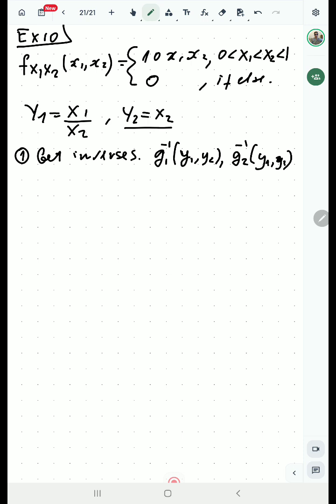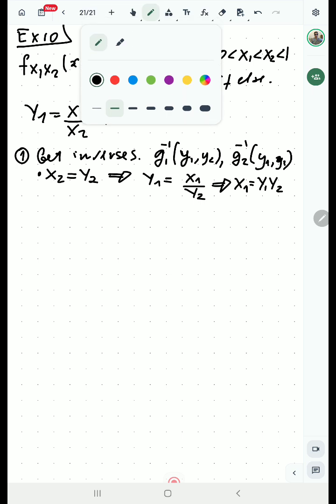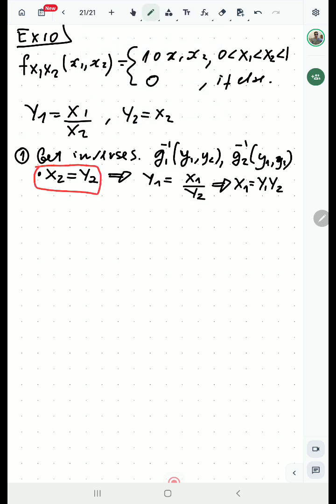Expressing x2 in terms of y2 is very easy: x2 is equal to y2, that's all. Then y1 is equal to x1 over y2, since we just plug in for x2, and that implies that x1 is nothing but the product of y1 and y2. So we have two inverse functions, one here and the second here.